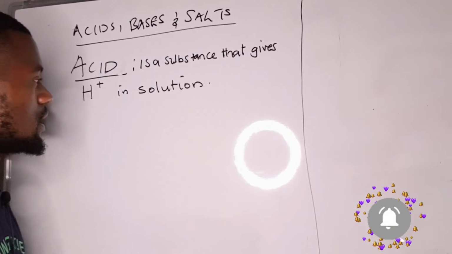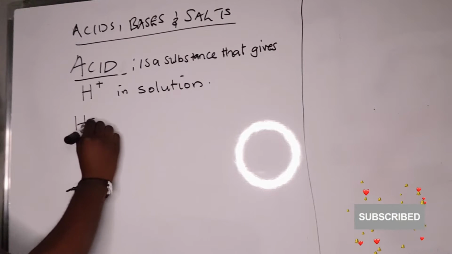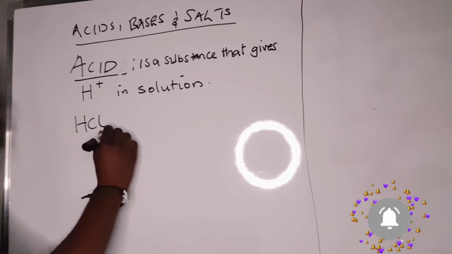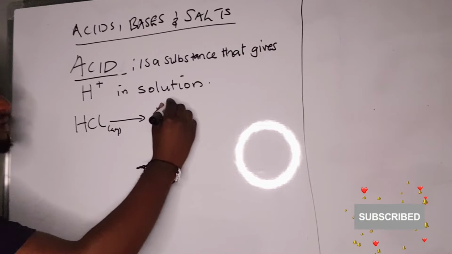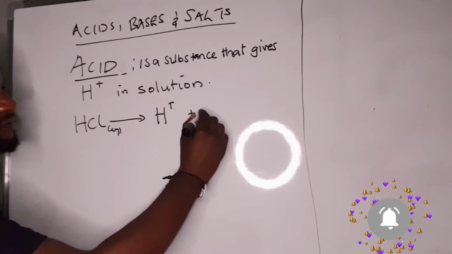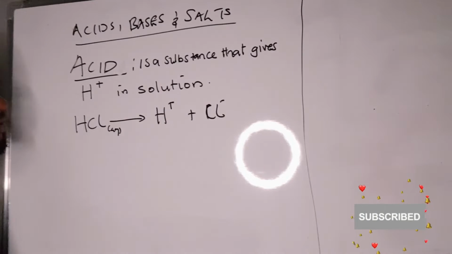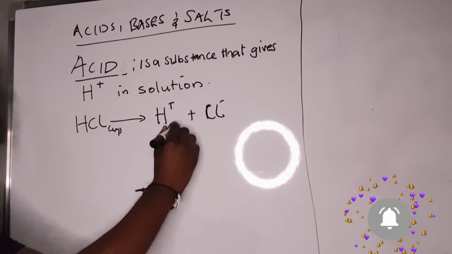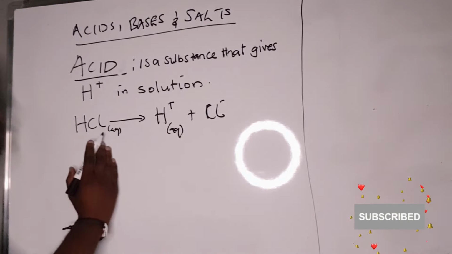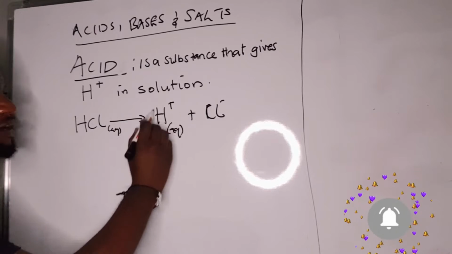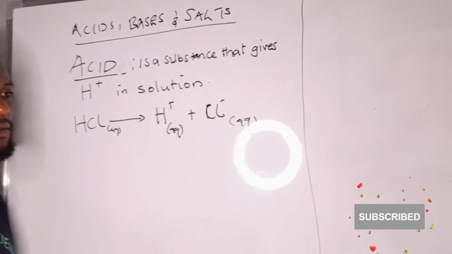So what it means here is that when an acid dissolves in water, it's able to form the hydrogen ions and other ions. For instance, when hydrochloric acid dissolves in water, we are going to have the hydrogen ions and the chloride ions.